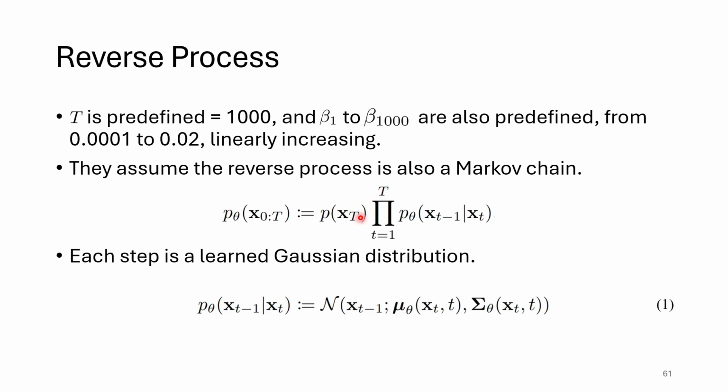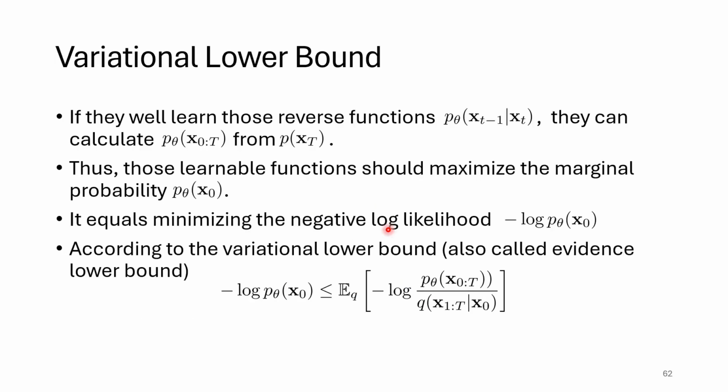Given a random noise xt, and if they have the reverse distribution, then the distribution over not only t, but t minus 1, t minus 2, down to the final output image x0, the reconstruction, can be expressed as the joint product of the probabilities. Then they use the variational lower bound to show that the probability will be less than this expectation.